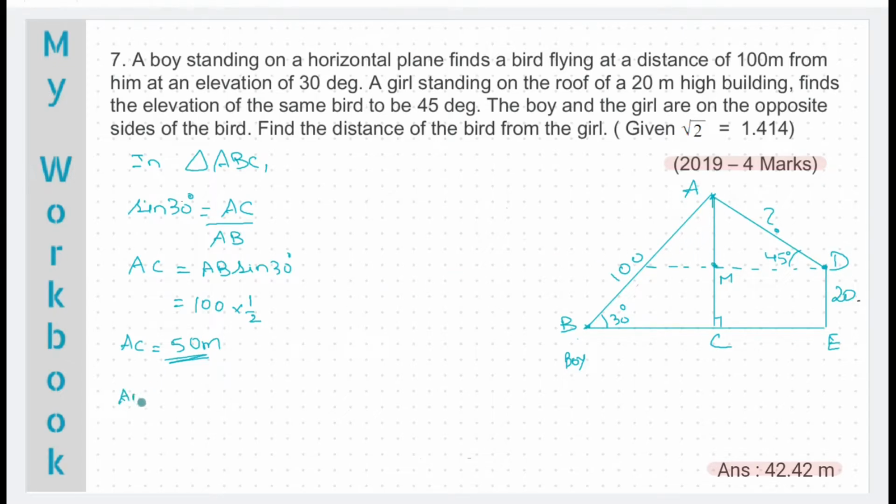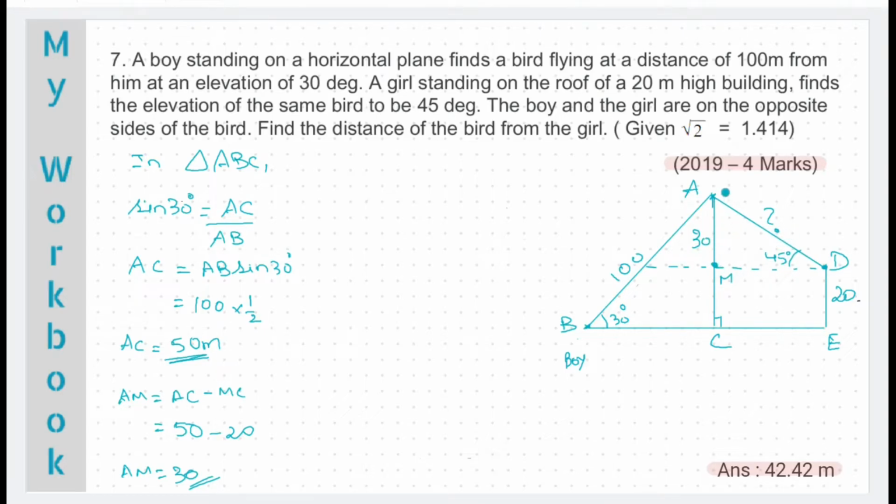So if we subtract 20 from 50, we will get the length of AM. So AM will be AC minus MC. AC is 50, we just found out. MC is same as the height of the building, which is 20. So AM will be 30. So AM is 30 and we know the angle 45.